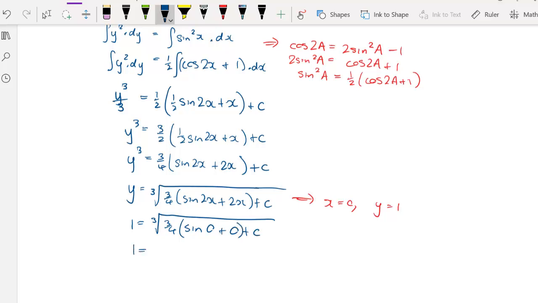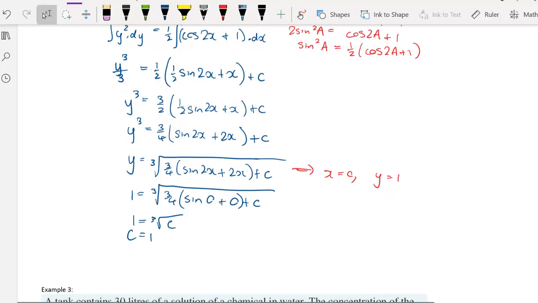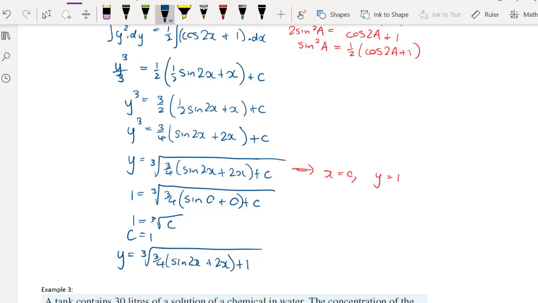So we end up with 1 is equal to cube root of c, and therefore c is equal to 1. So our final equation is y equals cube root of 3 on 4 sine 2x plus 2x plus 1.